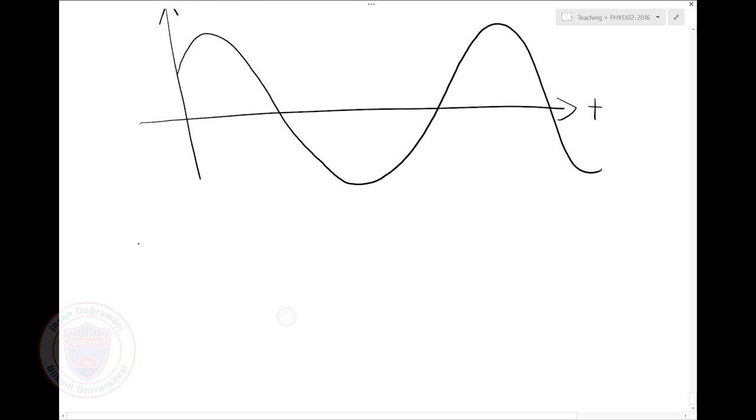And any voltage at any point in my circuit will have three variables determining its properties. We always use cosine, so let's stick with that: A cosine(omega t plus phi).